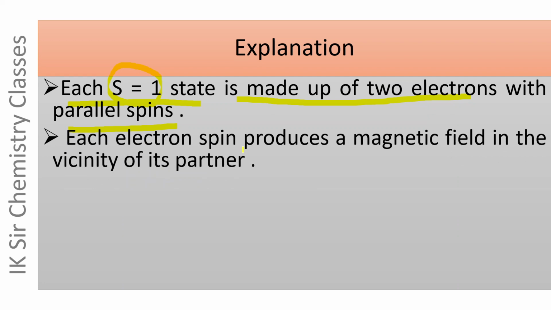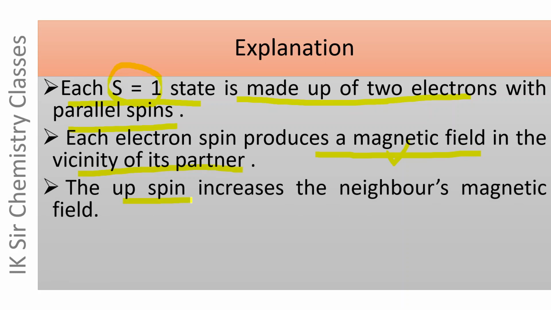Each electron spin produces a magnetic field in the vicinity of its partner.